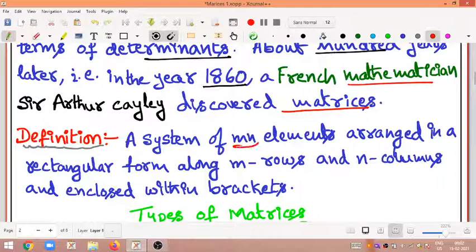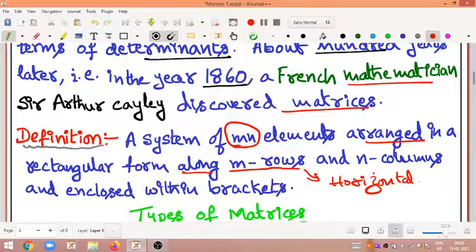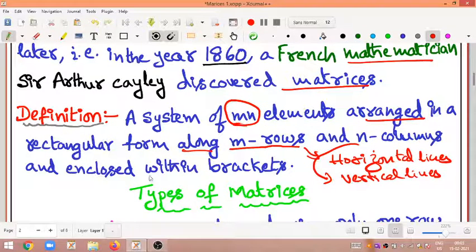A system of mn elements arranged in a rectangular form along m horizontal lines, called rows, and n vertical lines, called columns, and enclosed within a bracket, open bracket or square bracket, like this.